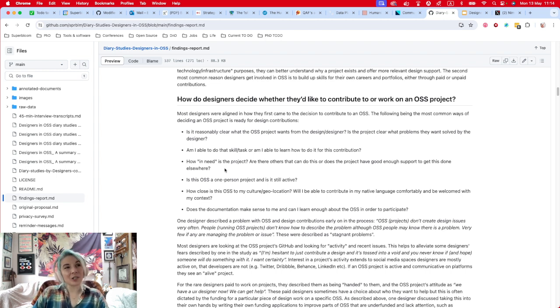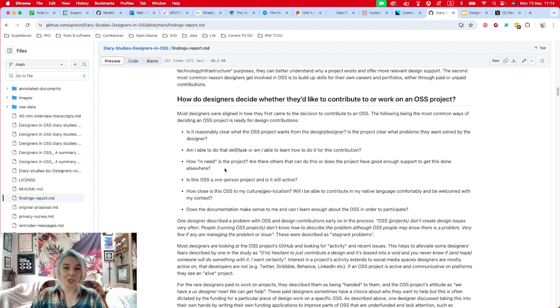Implicit in that question as well is, I think, a gentle assessment that designers are doing with open source software projects, where they try and figure out if there is a willingness for that designer to learn a new process in order to make a particular contribution, or to respond to a particular task.